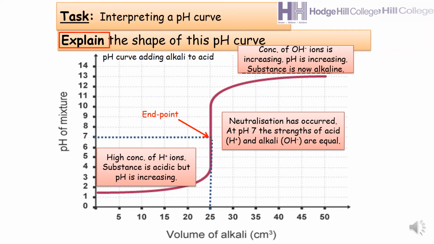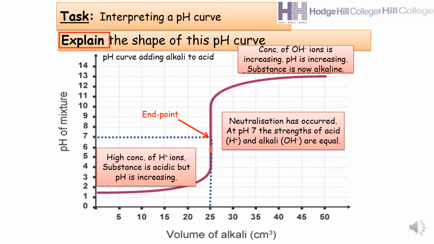So if I just open the laser here and go through some key points, when you're adding an alkali to an acid, you've got a high concentration of H plus ions. The substance is acidic, but the pH is increasing in number. As the pH is increasing, you're going to get a lower concentration of H plus ions.